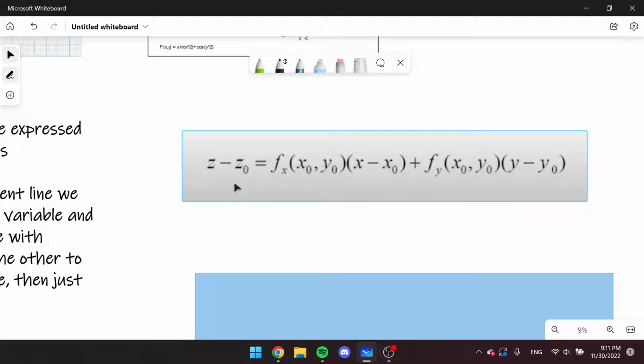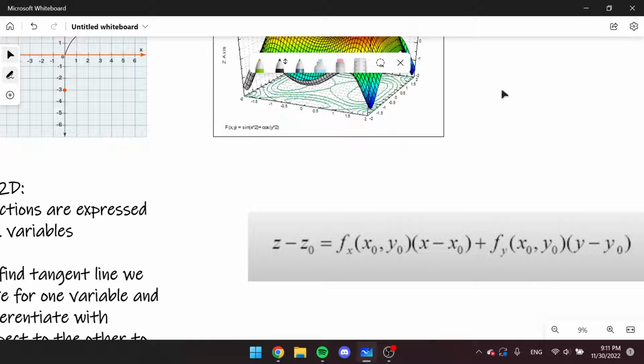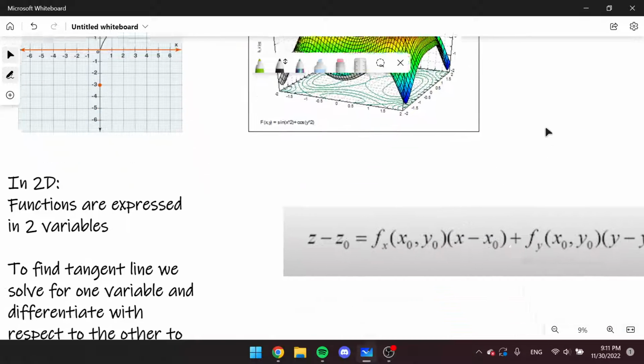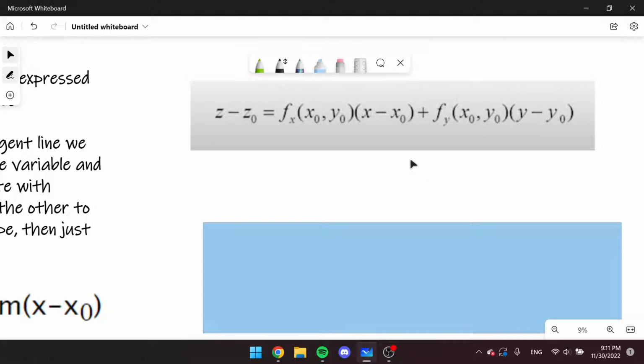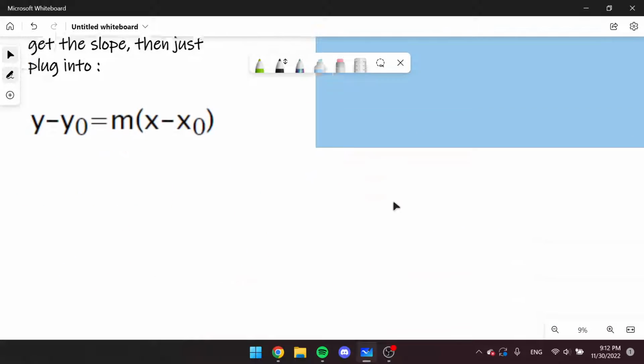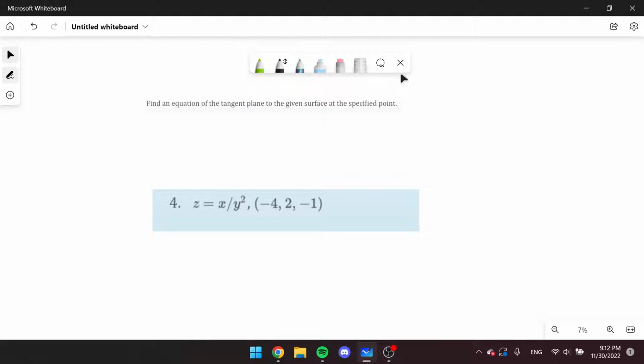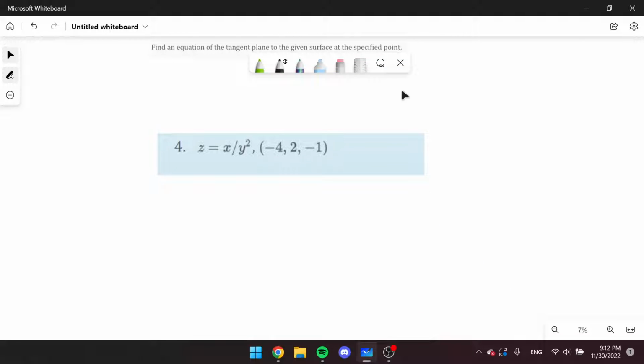And this is really the only part that you maybe have to memorize, or I should say, get familiar with. If you'll notice, it's just the partials at each x and y. So while the tangent line is just with respect to x, obviously the plane is changing in both the x and y directions, so that's why we take the partial, to account for that. So if you can remember all that, you're pretty much set for this problem.